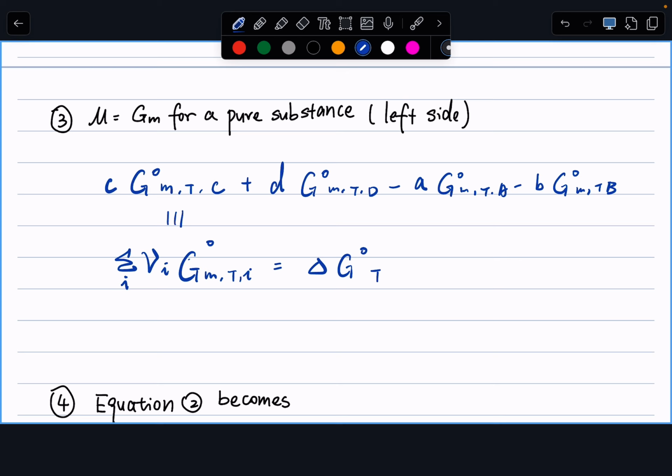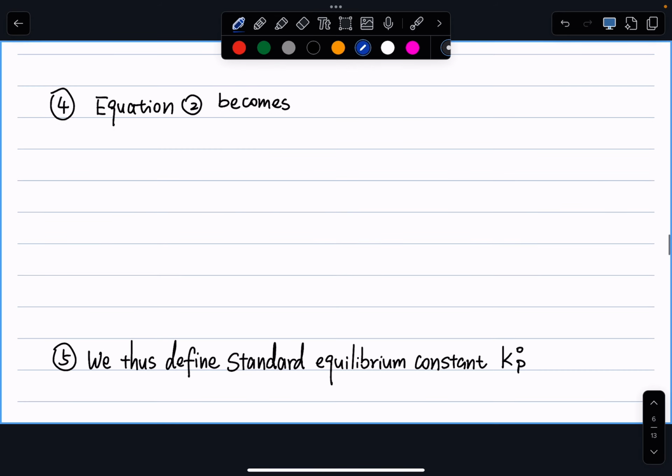All right. And we can also simplify these equations as well. How do we do that? On the board, we have delta G naught T equal to this long term of negative RT times c ln PC over P naught plus d ln PD over P naught, et cetera. What we know about the logarithm function is that a ln x equals ln of x to the power of a.